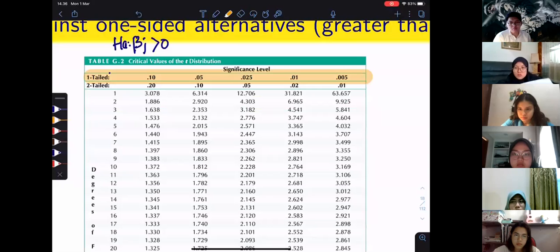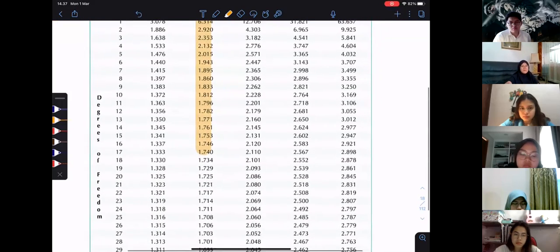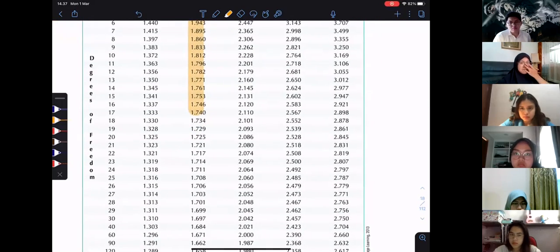Since we assume that the significance level is 5% or 0.05, we focus on this particular column. What's the degrees of freedom? The degrees of freedom is n minus k minus 1. For 28 degrees of freedom, the critical value is 1.701. That's how you determine the critical value.